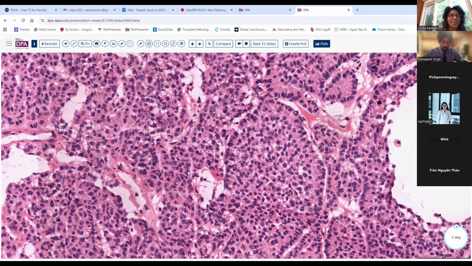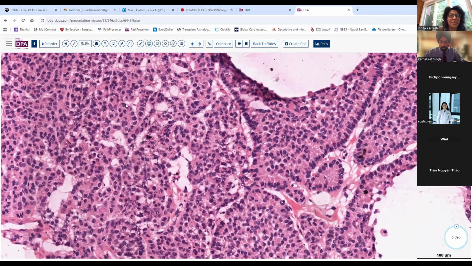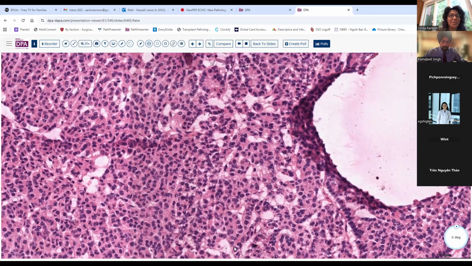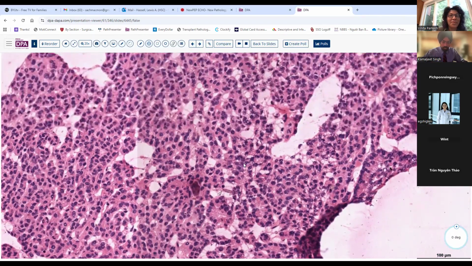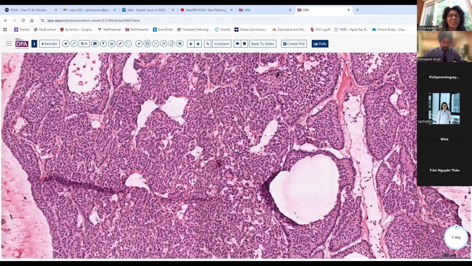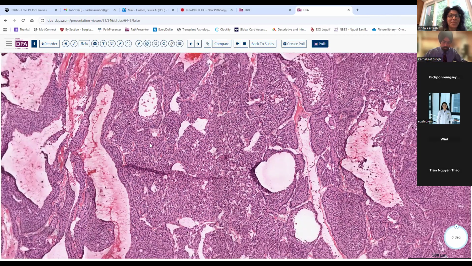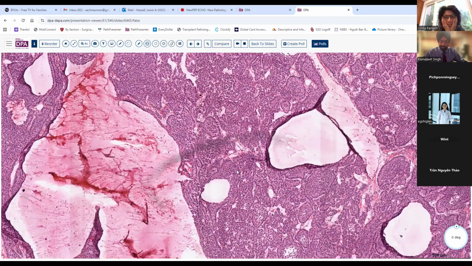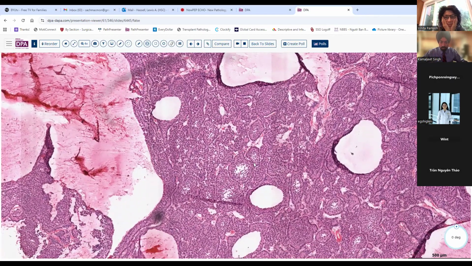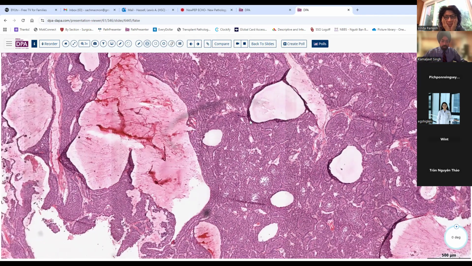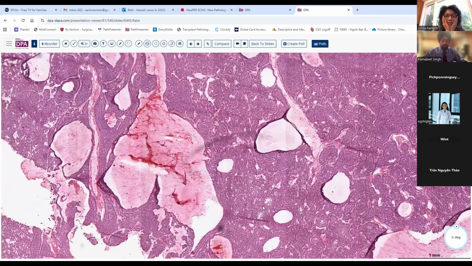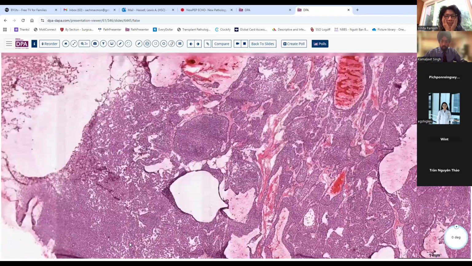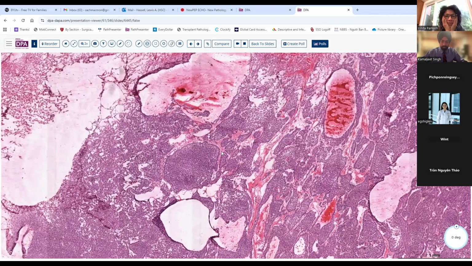I don't think we really have rosettes here, but you're heading in the right direction because this is technically, I think, what is referred to as a monodermal teratoma in the sense that it's a neuroendocrine tumor, which is oftentimes categorized in that grouping of monodermal teratomatous lesions. So this is probably a neuroendocrine tumor of the ovary.